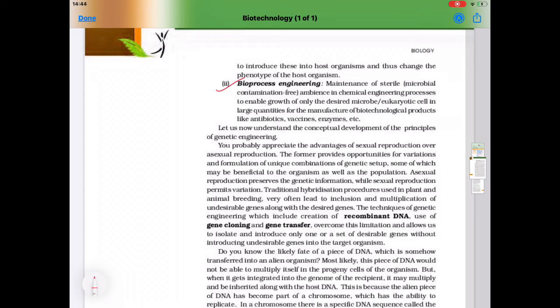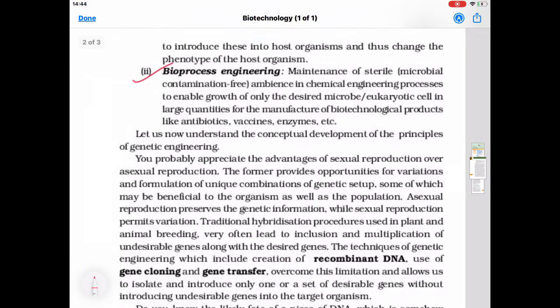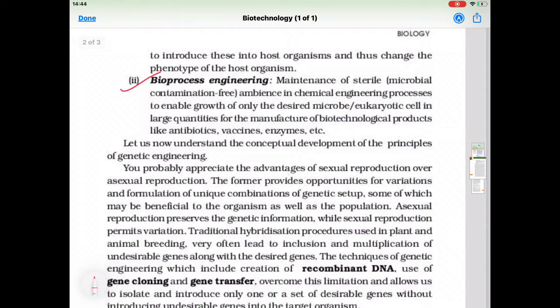So, first, genetic engineering. This is a technique to alter the chemistry of genetic material, that may be DNA or RNA. So, in genetic engineering, some changes are produced in DNA or RNA, and these are introduced into the host organisms and thus change the phenotype of the organism.